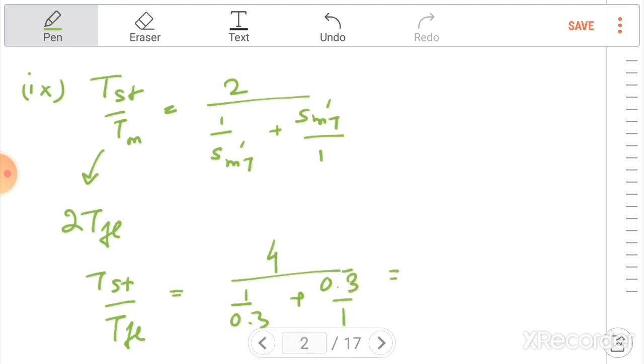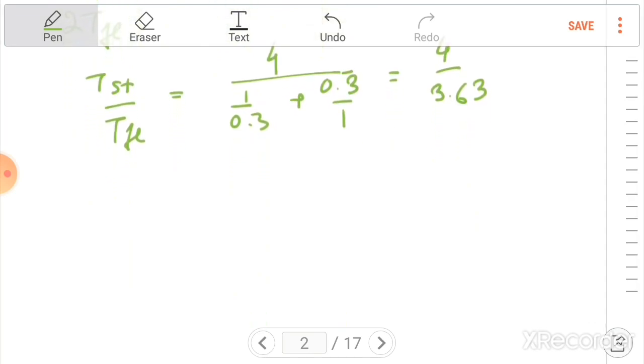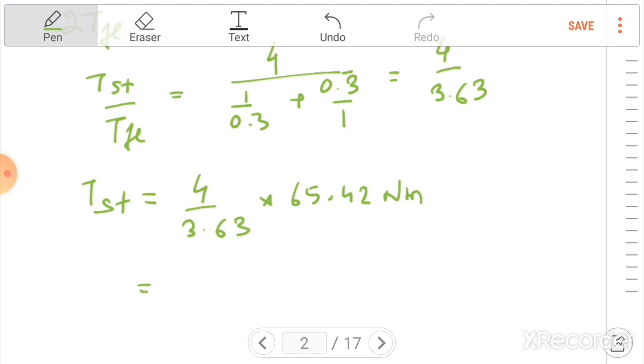This comes out equal to 4 by 3.63. This is the ratio we obtained, and torque at full load condition is the same as in the previous case. So torque at starting equals 4 by 3.63 multiplied by torque at full load, which is 65.42 Newton meter.